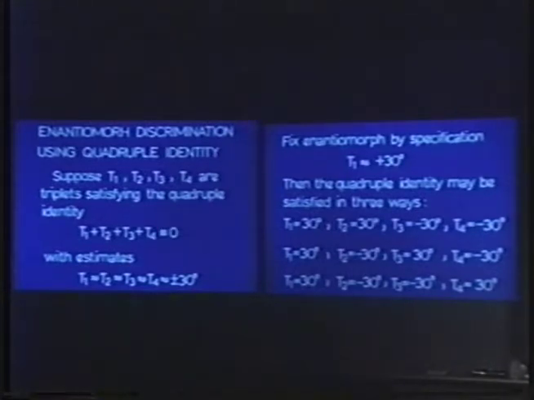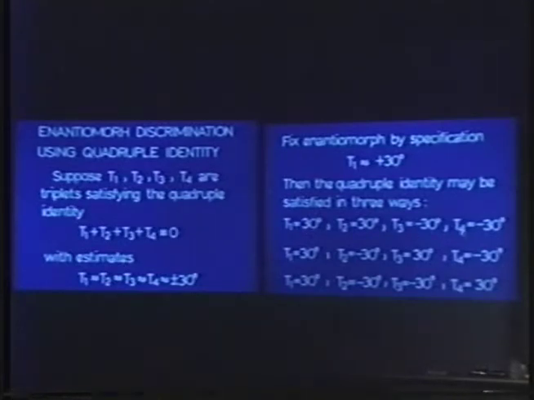In how many ways now can the quadruple identity be fulfilled? Remember, the quadruple identity is this. The sum of the 4 triplets must be 0. Well, we see that there are 3 possible ways of satisfying this identity. One in which T sub 1 is plus 30, T sub 2 is plus 30, T sub 3 is minus 30, and T sub 4 is minus 30.